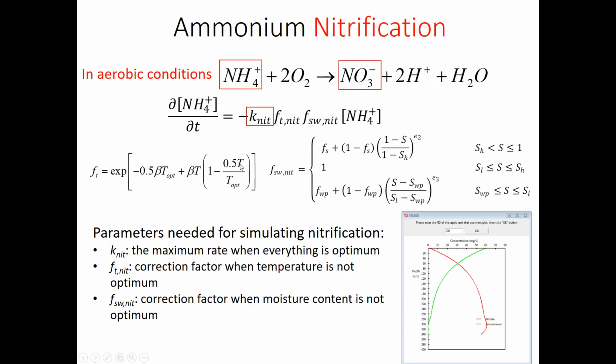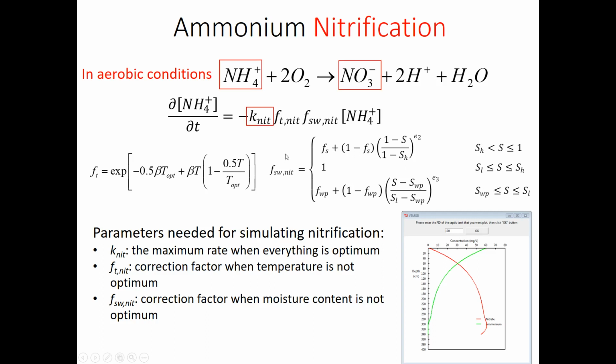This is the temperature of the real world, and this is the optimal temperature, and there's an exponential function right here. The correction factor for soil water content takes this form. It's essentially a step function, so it behaves in a different way for different degrees of saturation.